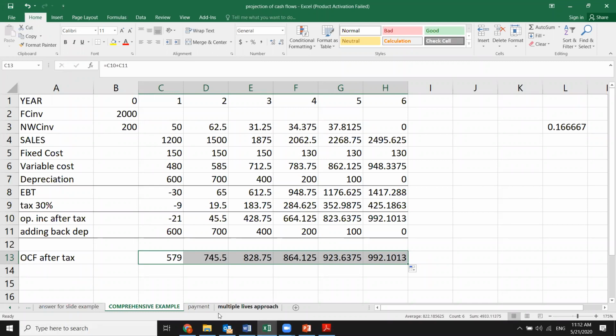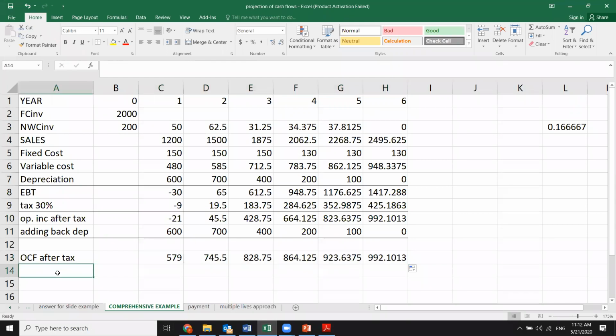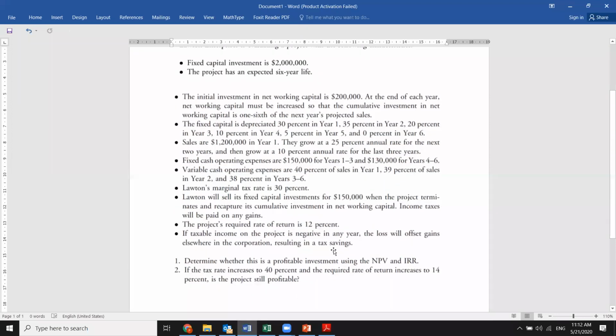So the terminal non-operating cash flow is equal to, and we said that we should include, first of all, the salvage value. Let's see what the salvage value is. Lawton will sell its fixed capital investment for 150,000. So this is the salvage value, and 30% of it we should subtract because there is a profit we make.